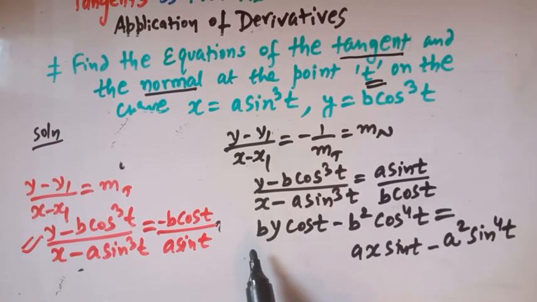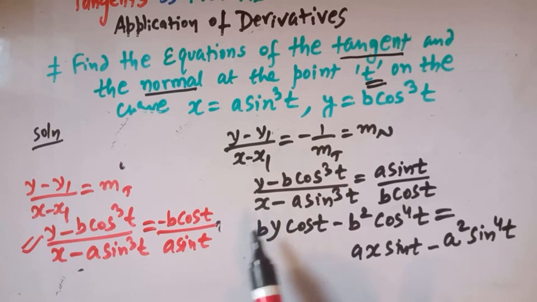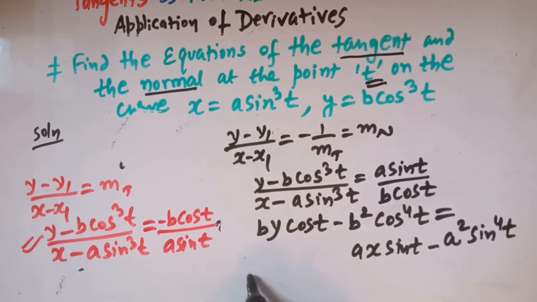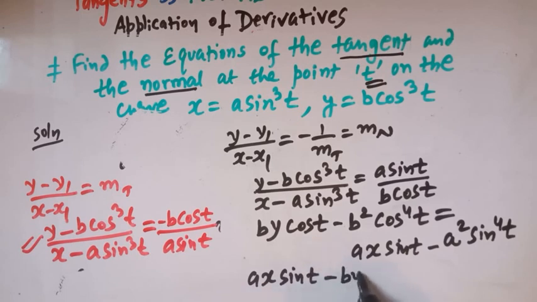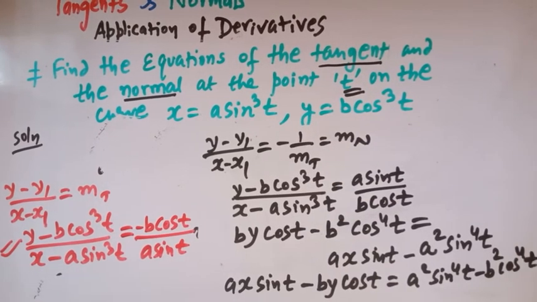Now again I am leaving this expression for you as an exercise, and when we rearrange all these terms, we'll get the equation of normal as ax sin t minus by cos t equal to a square sin 4t minus b square cos 4t. Clear?